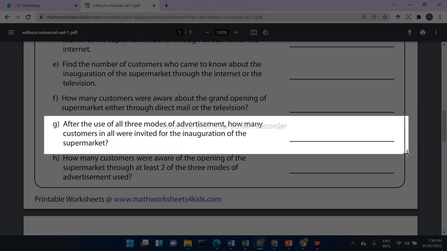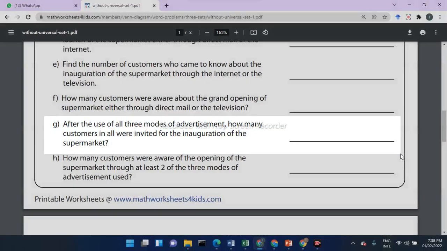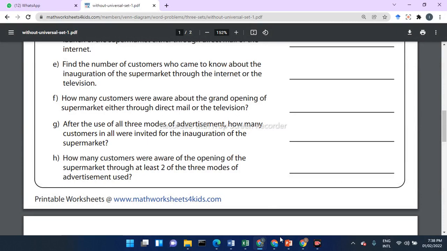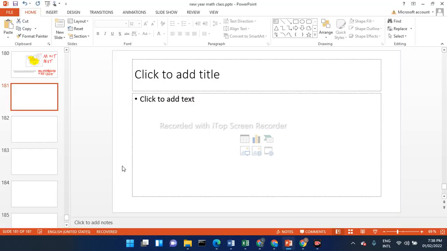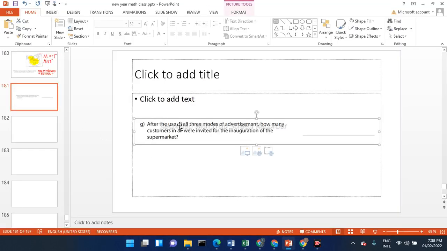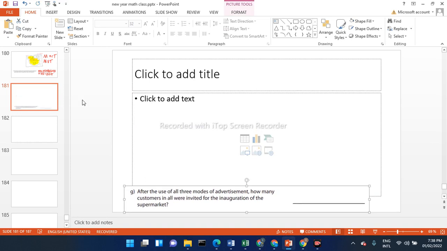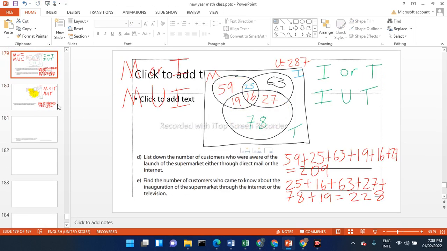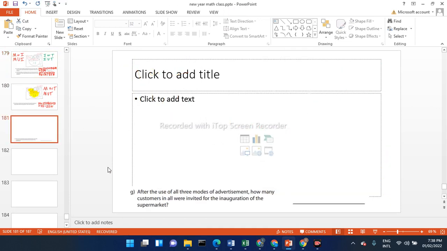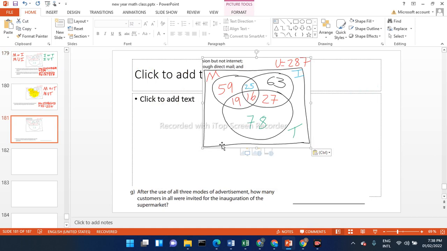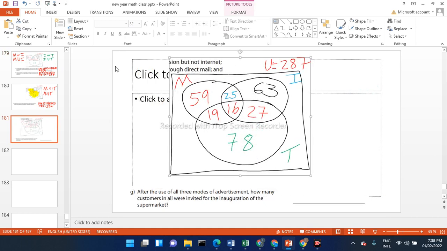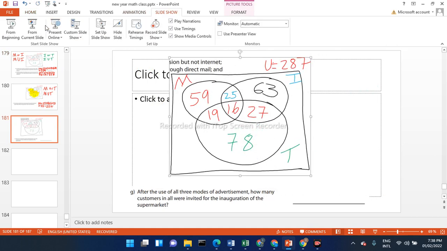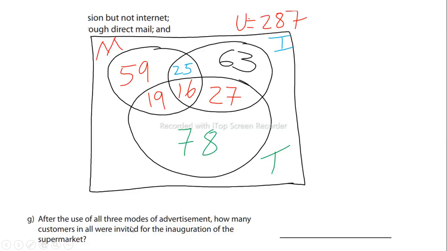After the use of these three modes, how many customers in all were invited for the inauguration? Would that be the universal set? They're saying after the use of all three modes.